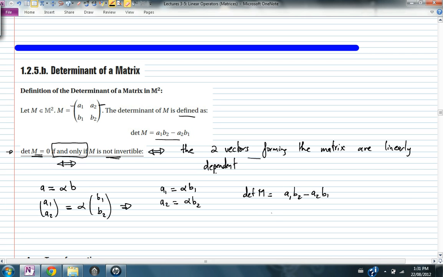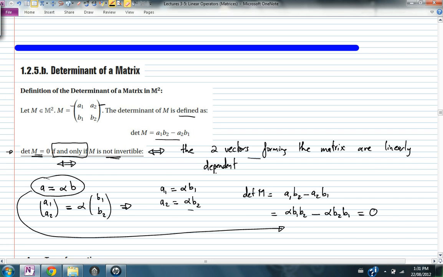I'm going to replace A1 with alpha B1, so alpha B1 B2, minus, instead of A2, I'm going to replace it with alpha B2 B1, and indeed it's equal to 0. So if the two vectors are multiples of each other, this leads to the determinant equal to 0.